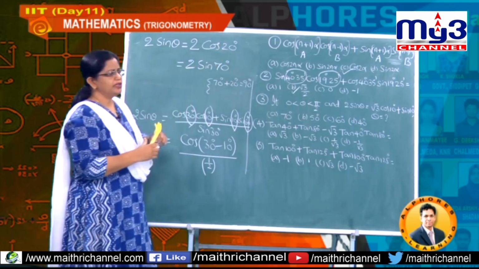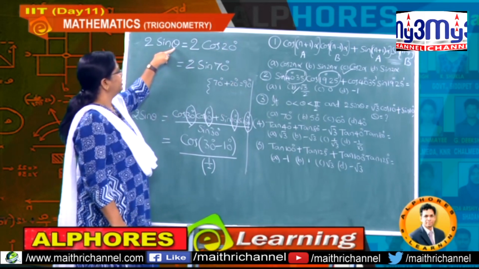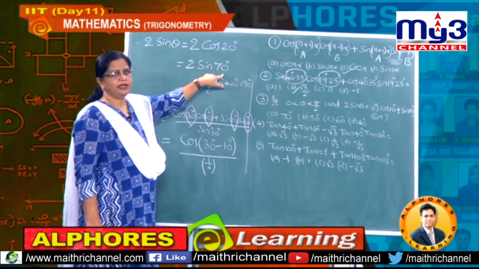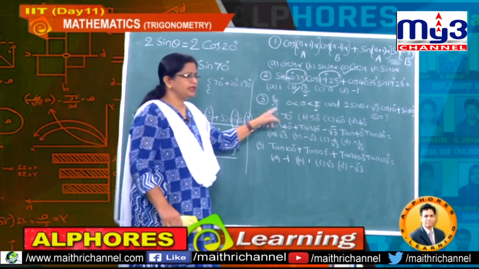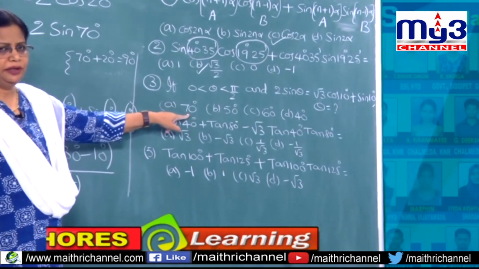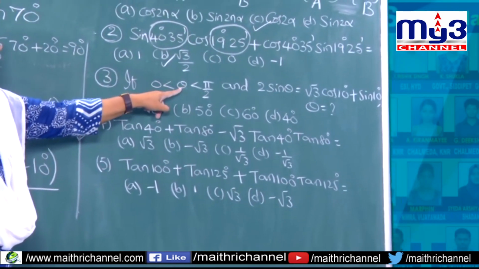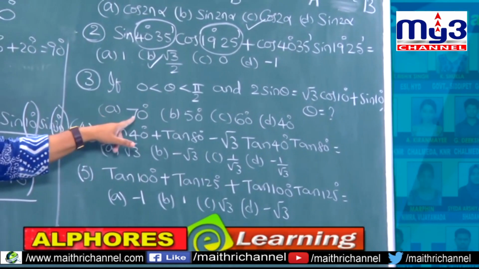Therefore we write cos 20 as sin 70. So now students observe, in theta place you are having 70 degrees. So the answer to this problem is theta equal to 70 degrees. So theta value is acute, and you got that acute angle as 70 degrees.